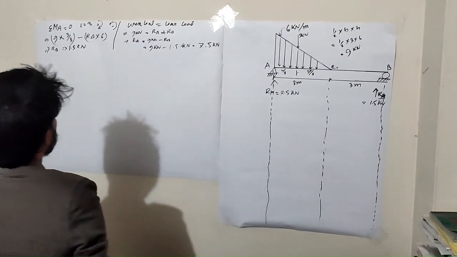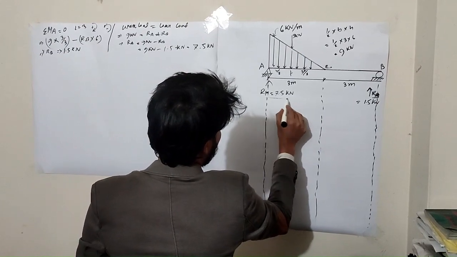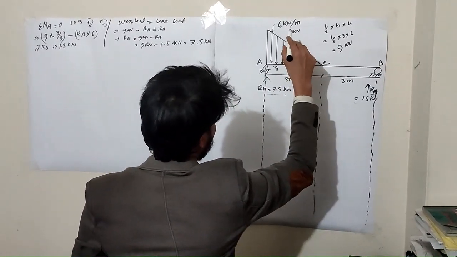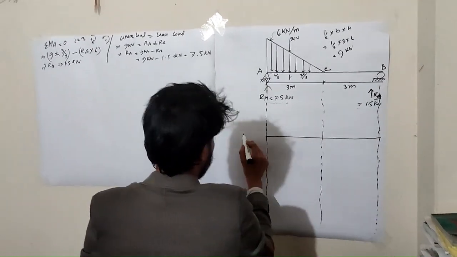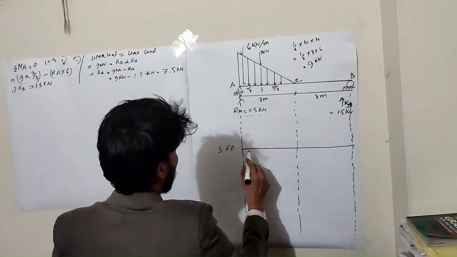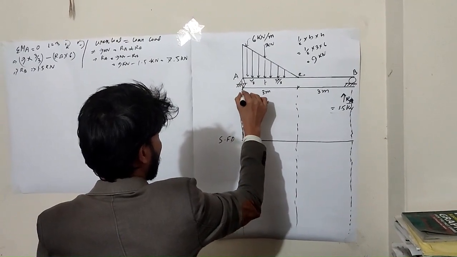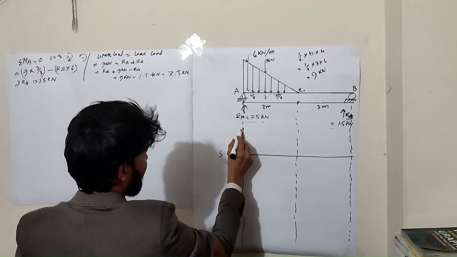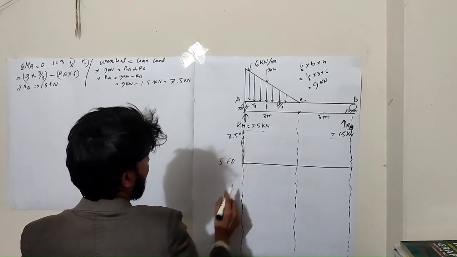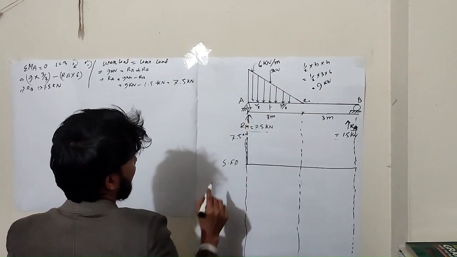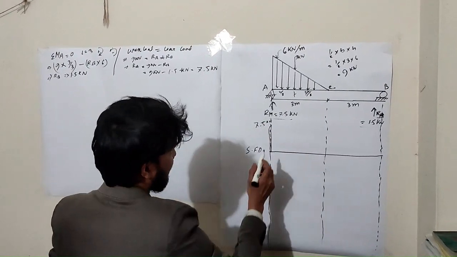Then we need to draw the SFD from the reactions RA, RB and the uniform load. Here the SFD starts at 7.5 kilonewton, and the uniform load is 9. The load is going down, so the uniform load is negative.